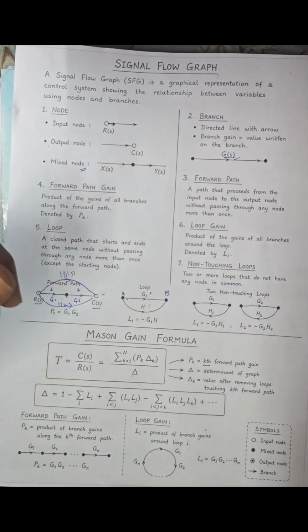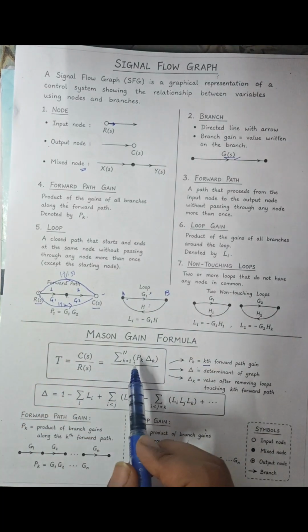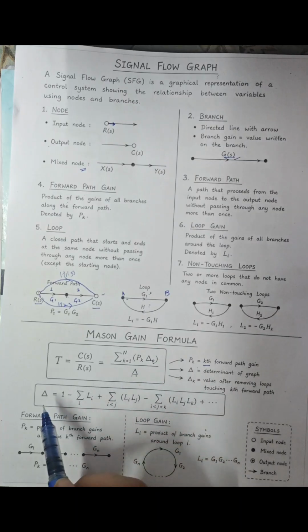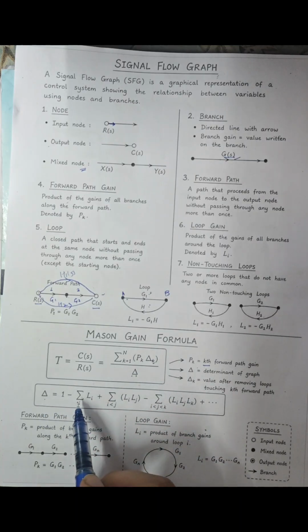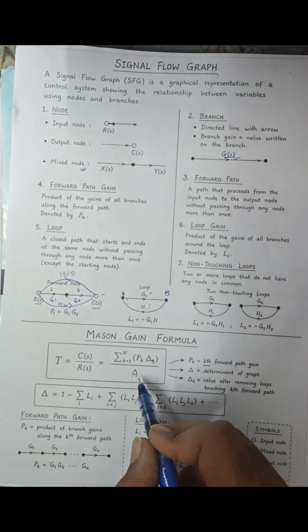So what does this formula mean? This is a very important formula to derive the transfer function. The transfer function of a system is the summation of Pk into del k by del. So del equals 1 minus the summation of all individual loop gains. So what is the determinant?